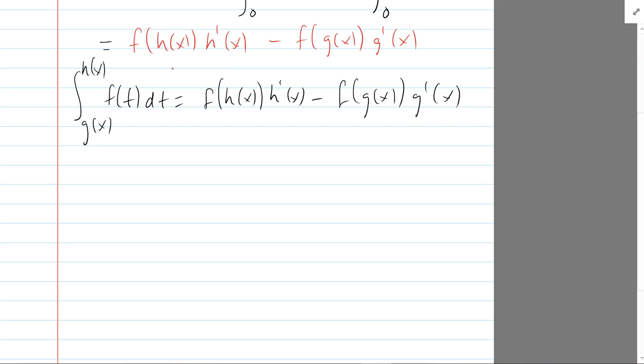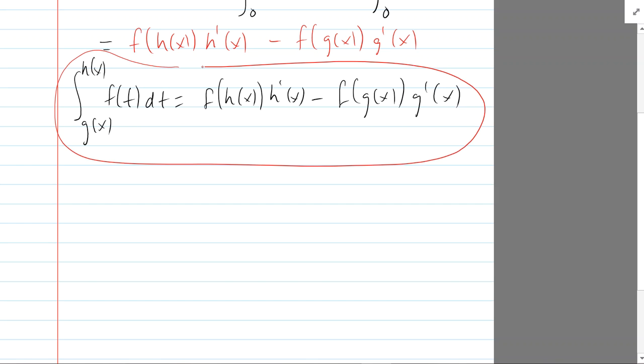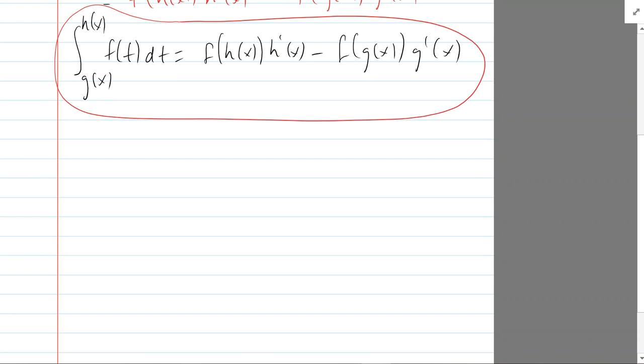You can memorize that, or you can remember the technique. I remember the technique because memorizing doesn't work so well for me. My memory is full. It's just f of b minus f of a. It really is.